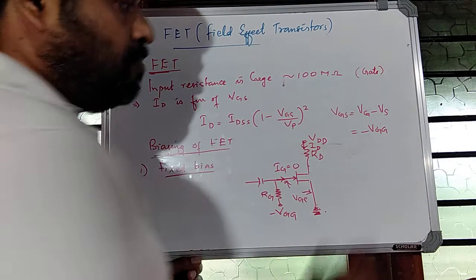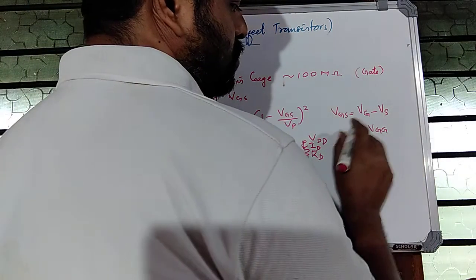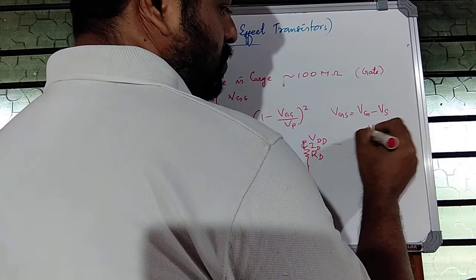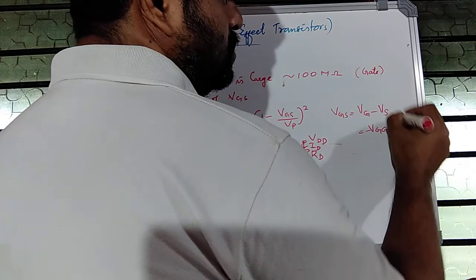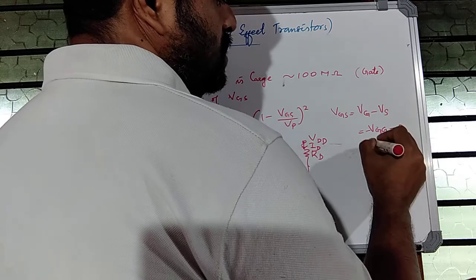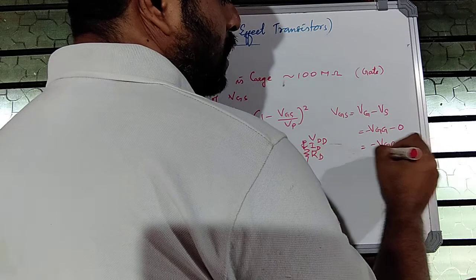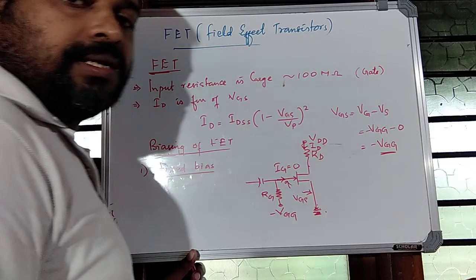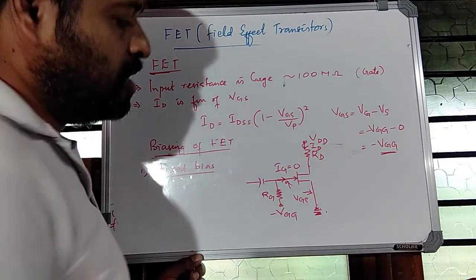Minus VGG minus VS is 0. So VGS is minus VGG. That will ensure that the gate terminal is at a lower potential than the source.